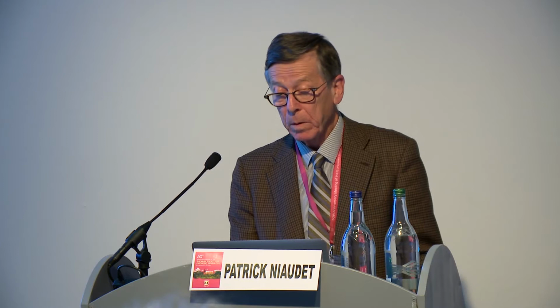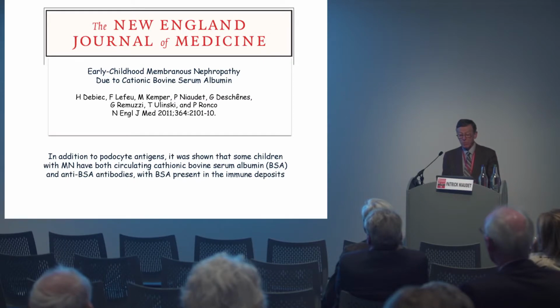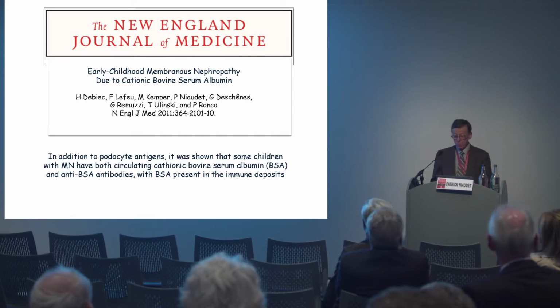And in 2011, we reported the occurrence of early childhood membranous nephropathy, where it was shown that some children with membranous nephropathy have both circulating cationic bovine serum albumin, BSA, and anti-BSA antibodies, with the BSA present in the immune deposits.